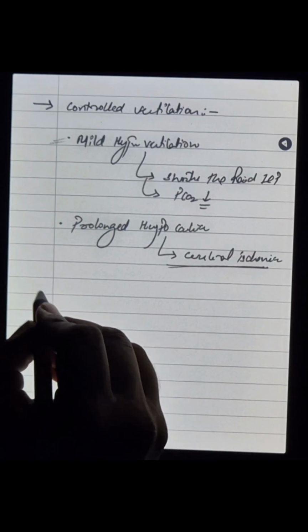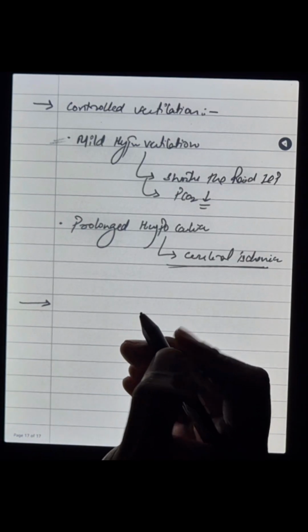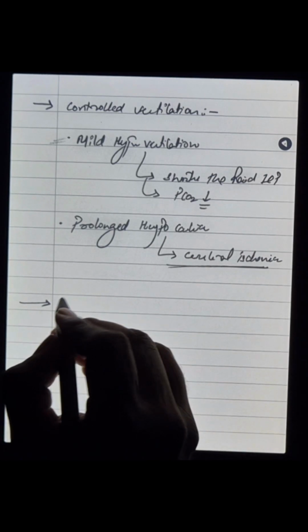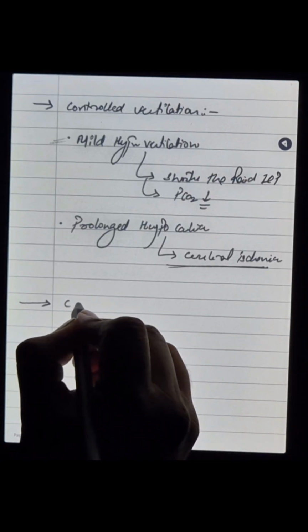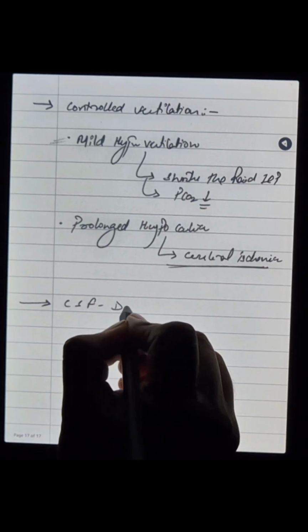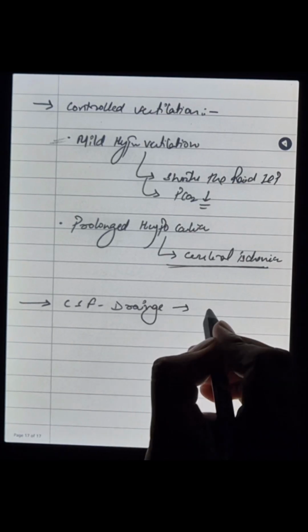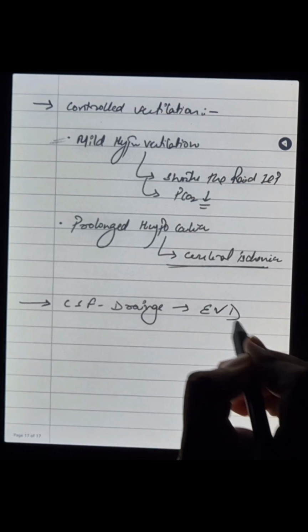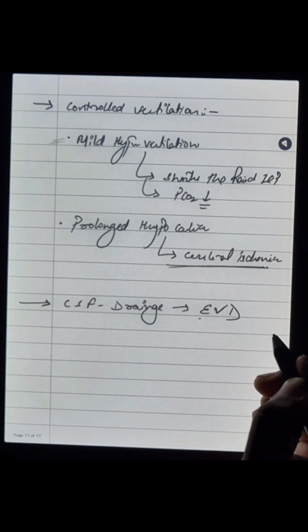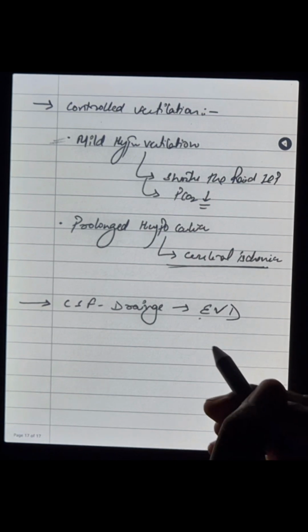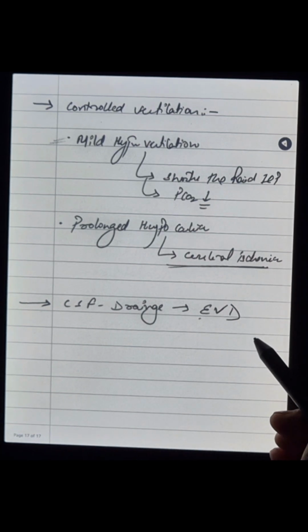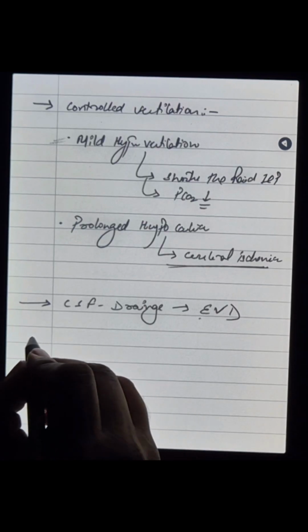Another way of reducing ICP in specific treatment is CSF drainage. CSF drainage includes EVDs, that is extraventricular drain. We can surgically put the EVD drains in the brain.